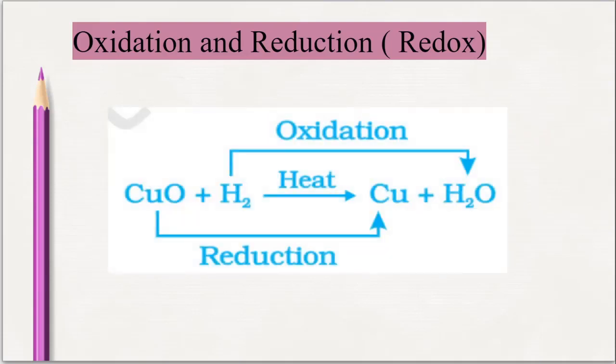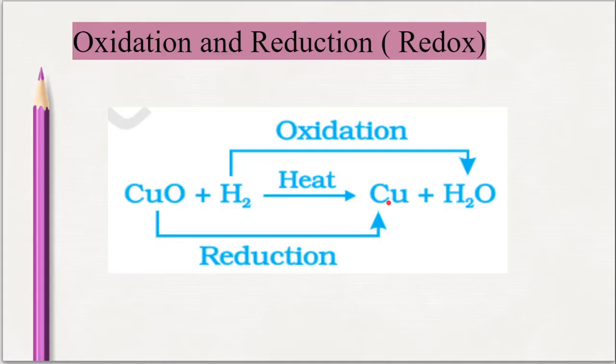Here is an example for the redox reaction. In this reaction, you can see there is an oxidation and reduction process both. Let us understand: copper oxide plus hydrogen, if we give heat to it, we get copper plus H2O, which means water. So here in the H2, you can see oxygen is added, and in CuO, oxygen is removed.